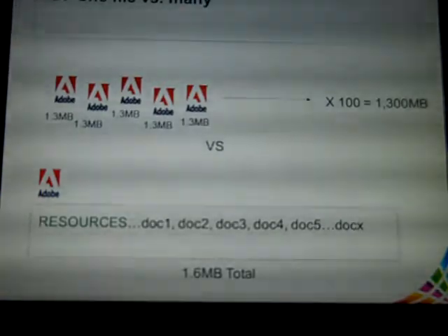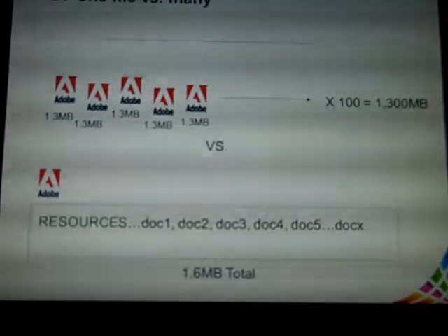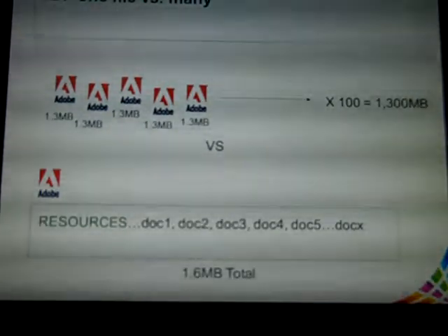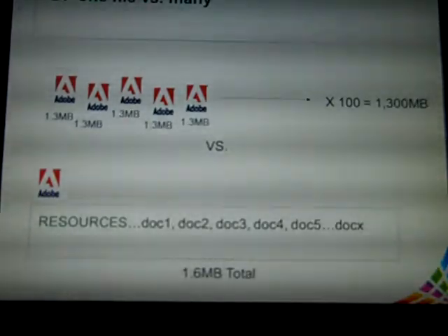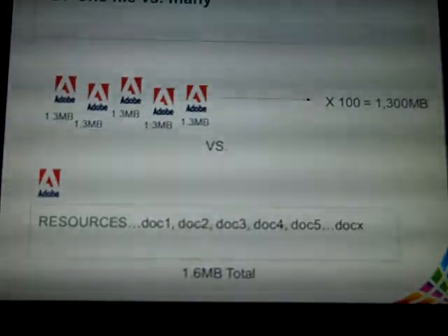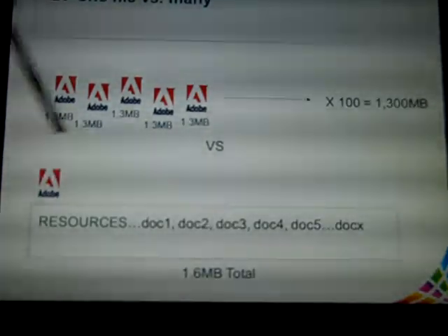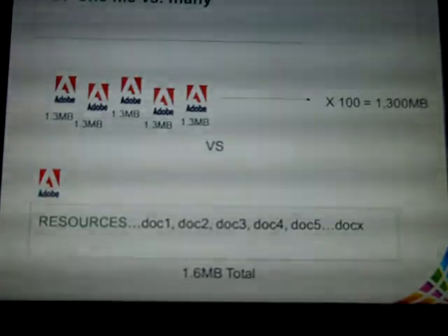If you took that same statement run and used CM OnDemand and its capabilities to understand the stream, we would be able to pull out the resources and store each individual document and just the data of that document, and then compress it. And we would end up with, let's say, 1.6 megabytes total.